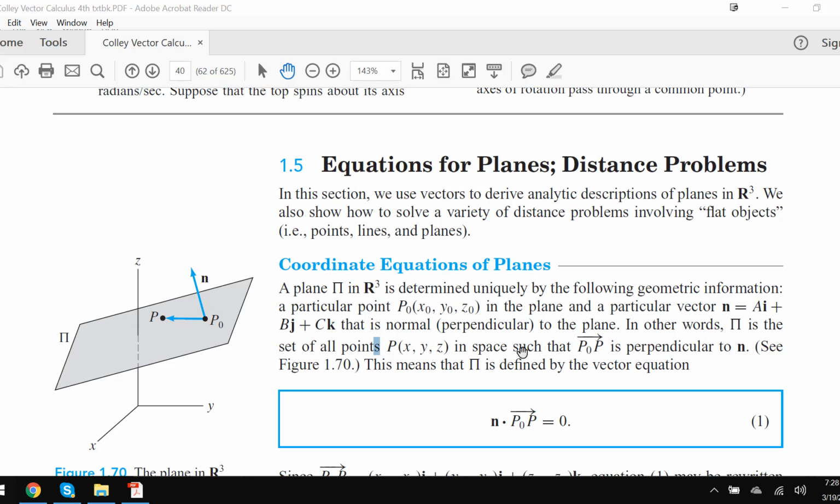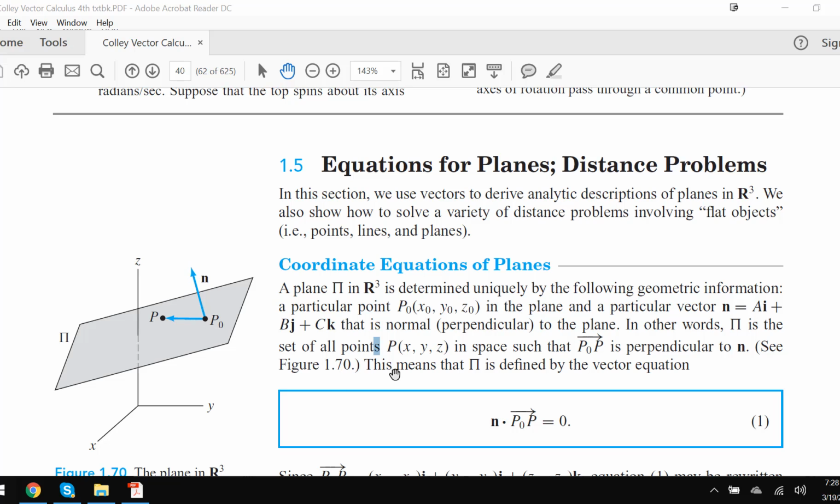in space such that P0P, so here's a point P, and here's a point P0, so P0 is in the plane, and if we choose any other point in the plane, and we consider the vector from P0 to that point P, n has to be perpendicular to that.